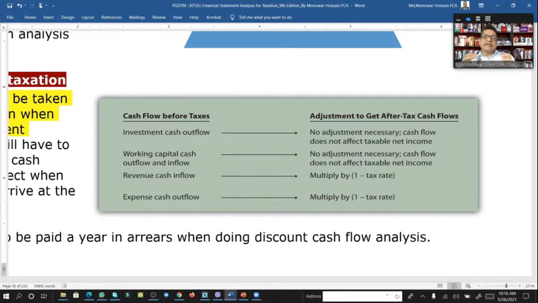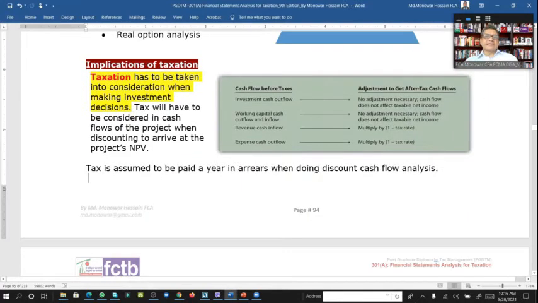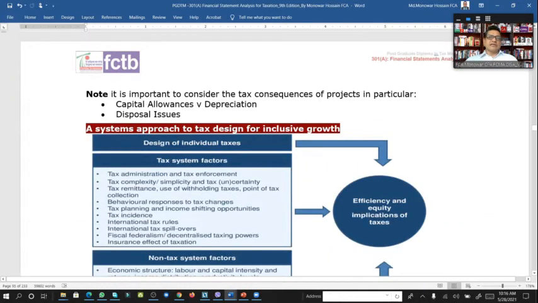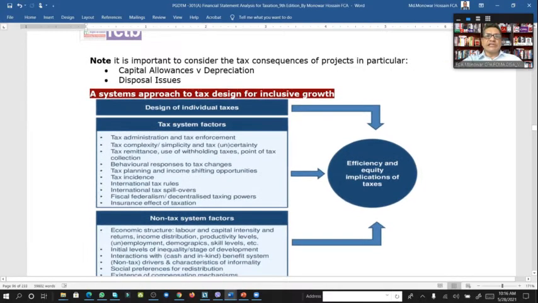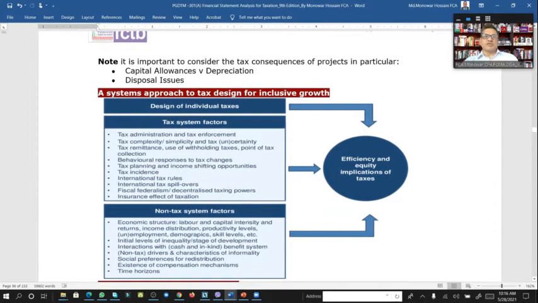This is the tax effect, and expense cash flow is also adjusted for tax. Tax is assumed to be paid a year in arrear when doing discounted cash flow analysis. Here we also have to think about capital allowances, depreciation and disposal issues, etc.